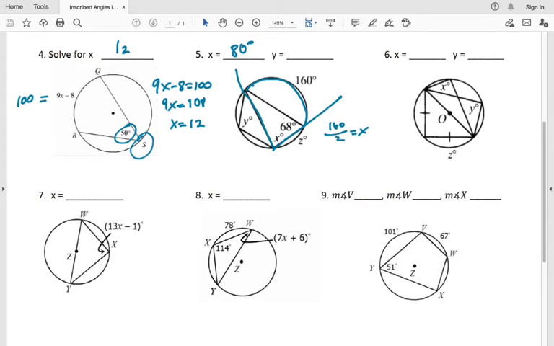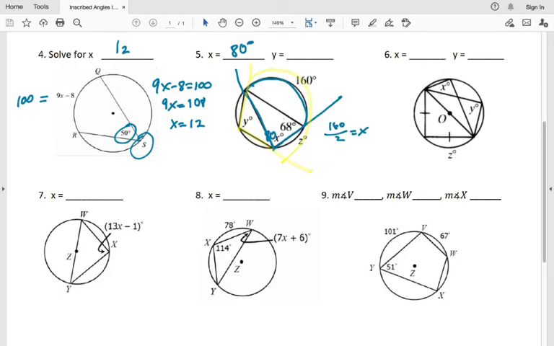Okay, and then if you'll notice, angle y, which is also inscribed, should be half as big as the part of the circle that lies between its sides, which goes from here all the way over to here. So I need to know what that z is right there. I just figured out that x is 80. And then the angles in a triangle add up to be 180.